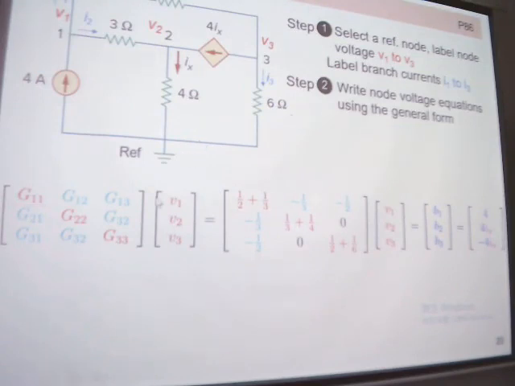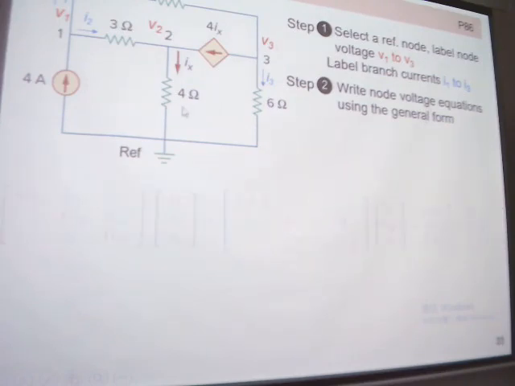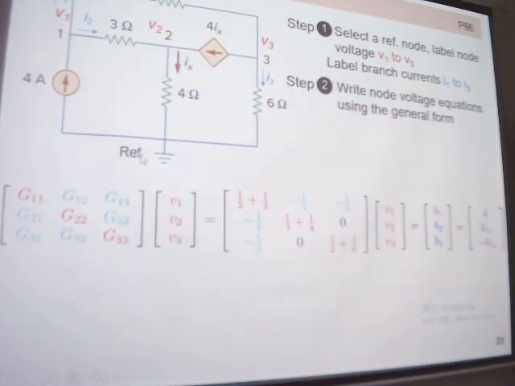Okay, but for this one, I use the simple method. Step 1 and step 2 are the same, but step 1 is label reference and V1, V2, V3, with I1, I2, I3.